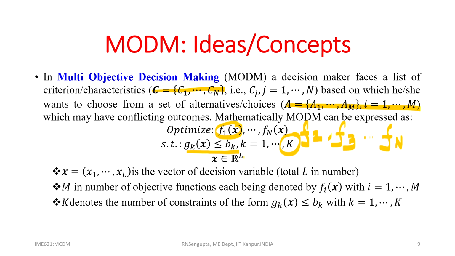Here x, the vector x1 to xl, is the vector of decision variables, total L in number, which I mentioned. M is the number of objective functions, each being denoted by f1 to fm. And k denotes the number of constraints of the form gk(x) less than equal to bk, and k is equal to 1 to K, and we will consider these problems accordingly.